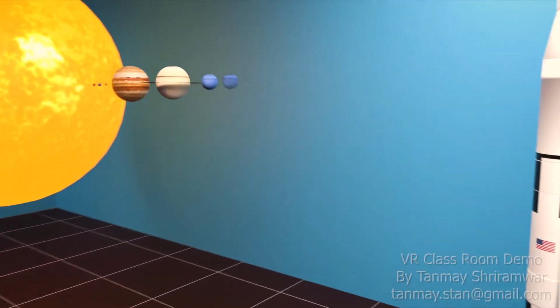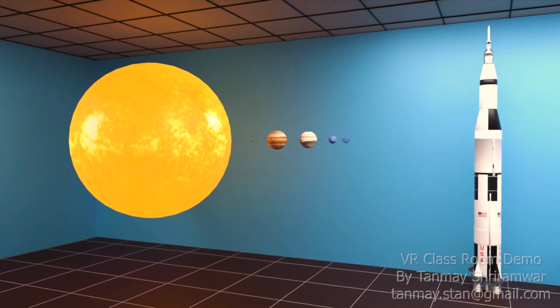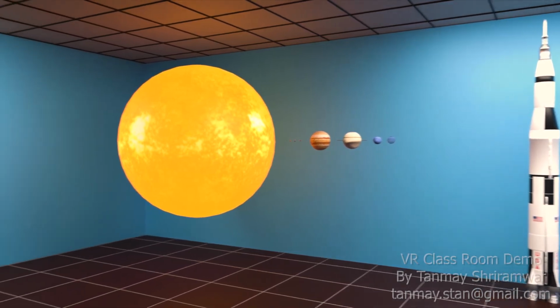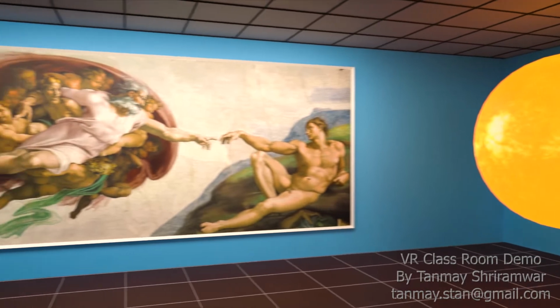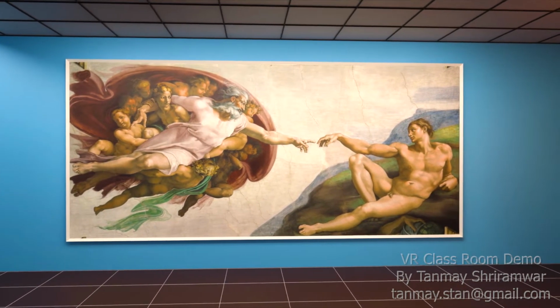This is my favorite section of the classroom, the space and physics side. Here we could see a 3D model of the solar system and a model of the Saturn V rocket which took humans to the moon. Next to it we could see the famous painting by Michelangelo, The Creation of Adam.